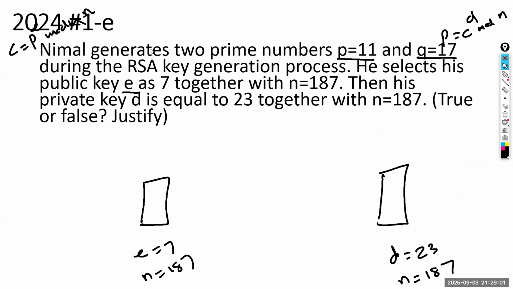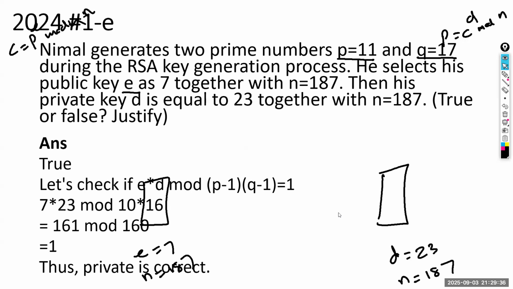P and Q are used for the calculation of the key. Now you need to justify or connect P and Q with these values and say that these are correct key values. This is not an encryption decryption question because they have not given you plain text and asked you to verify whether you get the correct plain text back. Rather, this question is asking you to verify whether these are valid key values. So this is the answer basically.